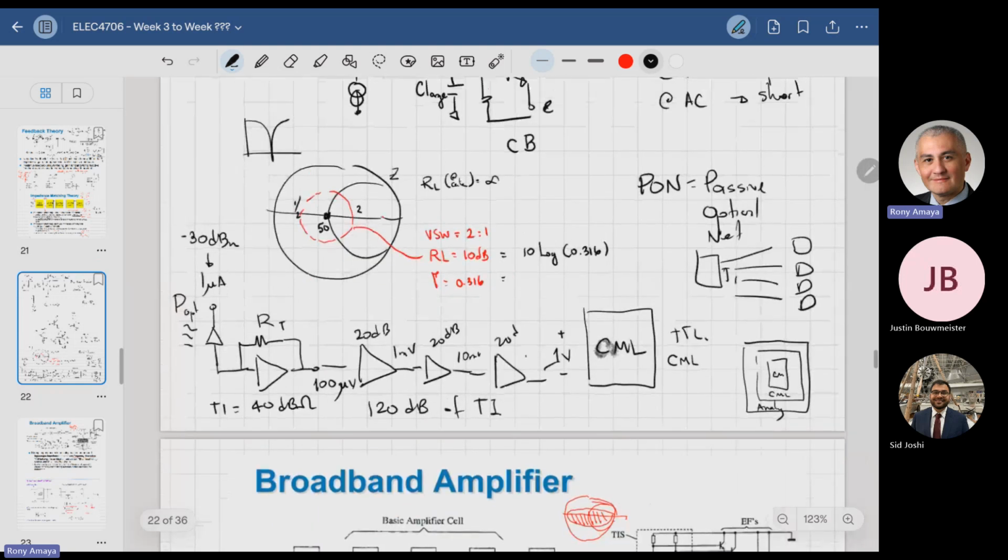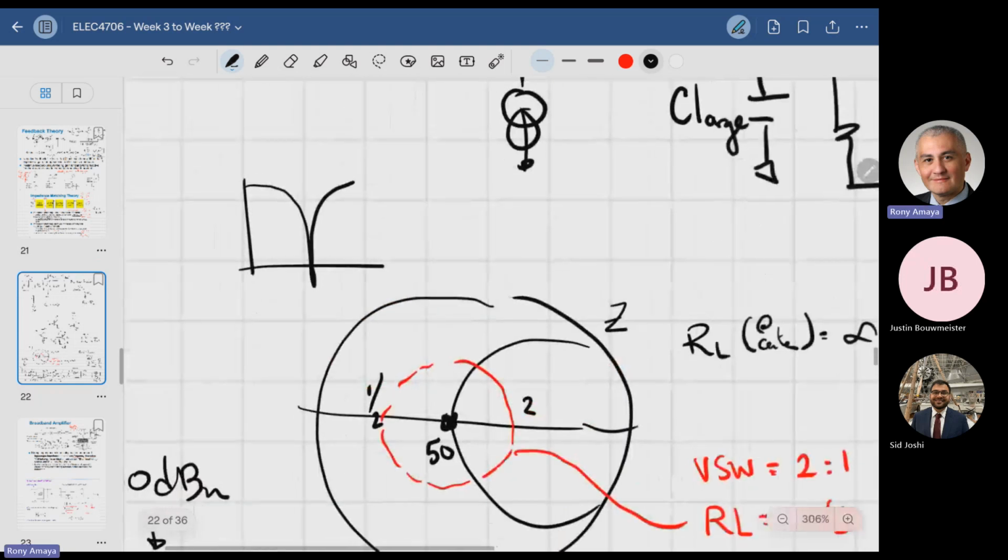But is this good for a broadband circuit? No. What we actually want is something that does this. So maybe not as high, but it basically does something like this. Notice how the level went up. And if the level goes up, it means that I'm not in the center. I'm somewhere in the middle here.